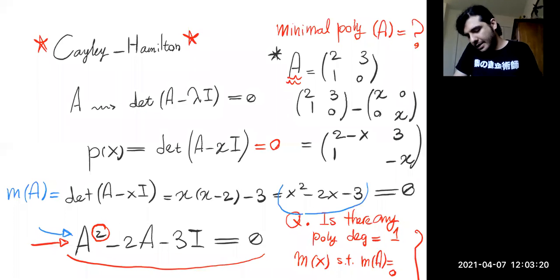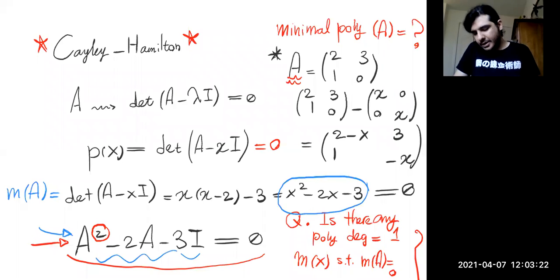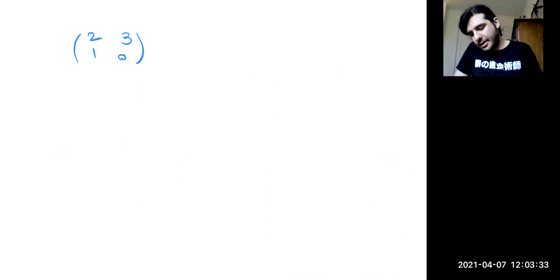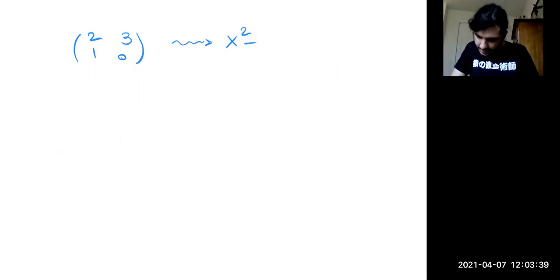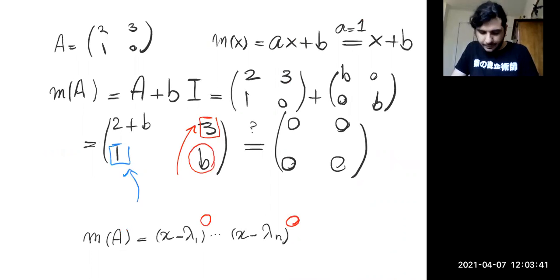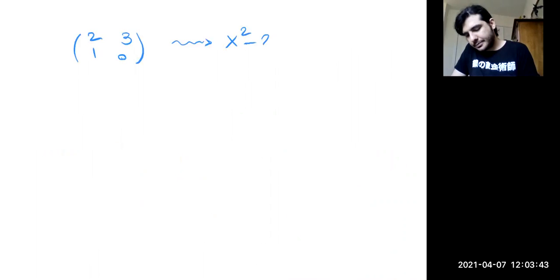x squared minus 2x minus 3. So we have this polynomial, and the minimal polynomial is x squared minus 2x minus 3 equals 0.